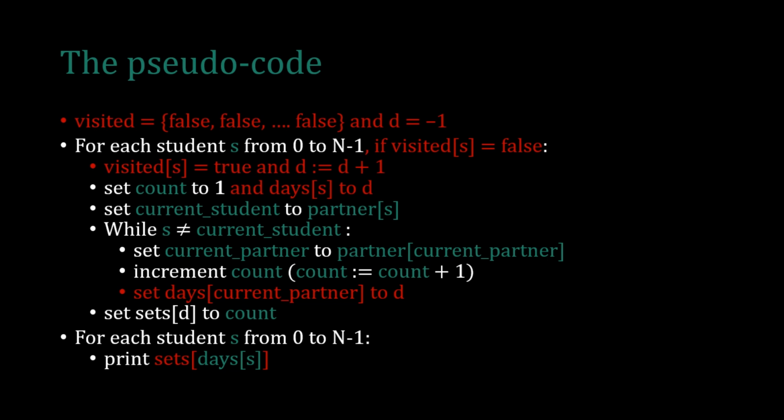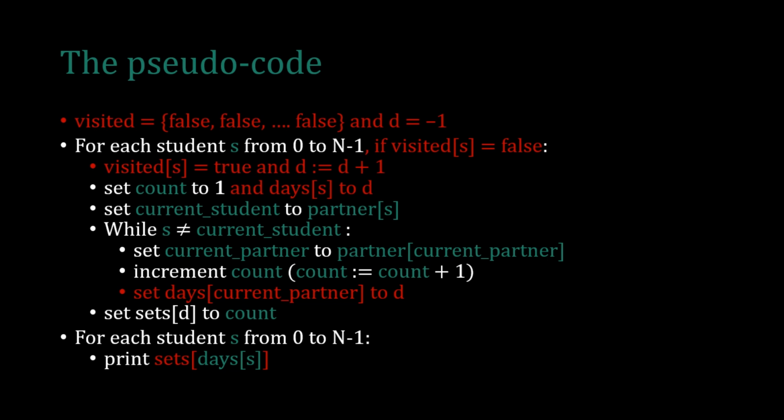And set is actually the number of days anyone in the set will have to wait for their book to be returned. Then I've just added sets[days] current partner to d, and we're going to print the set of the student's set, the number of days this set conveys as an information.